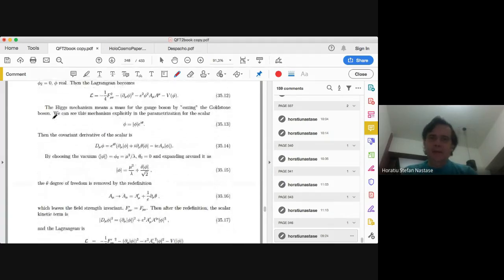But it is better to see this in the parameterization with the modulus and the phase.